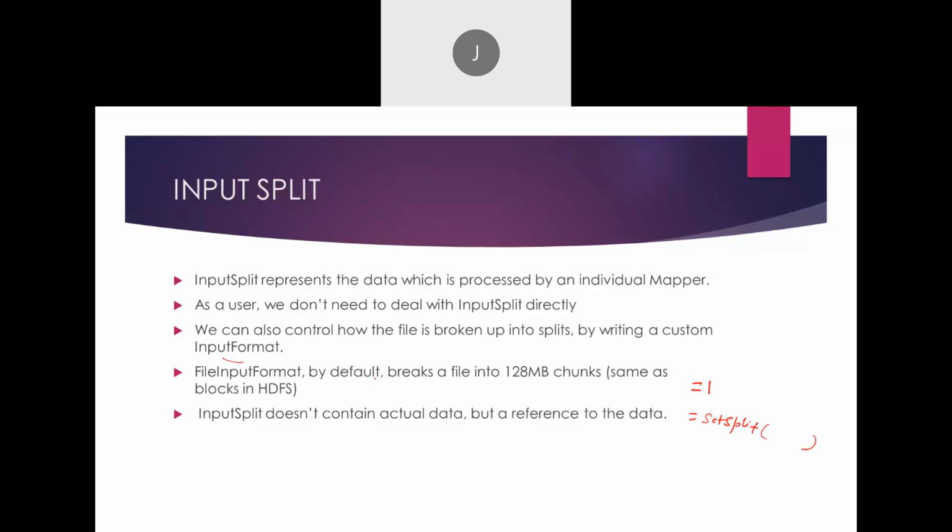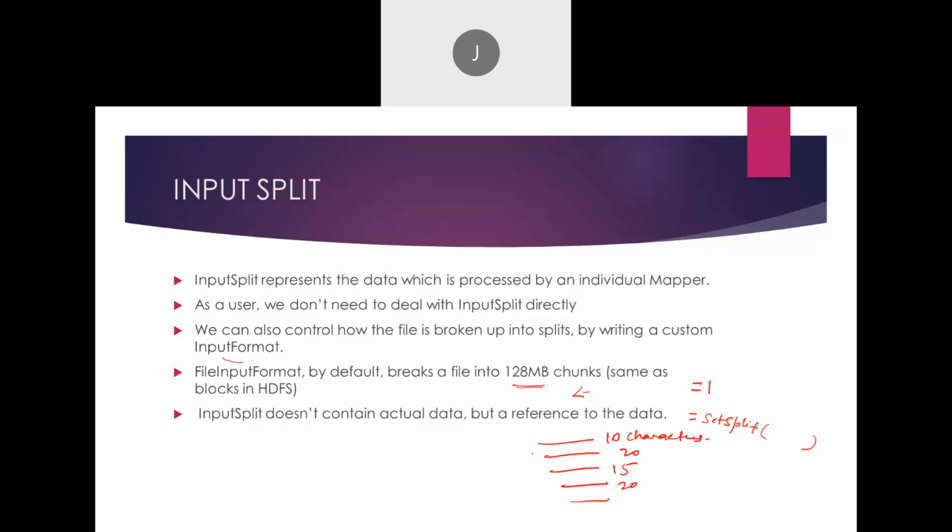So file input format by default breaks a file into 128 megabyte chunks, same as the blocks of HDFS. This is understandable, like whatever chunks we are dividing. Say I have 5 lines, one line containing 10 characters, another 20, another 15, 20 likewise.